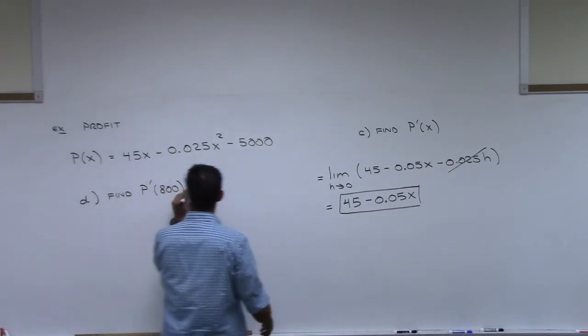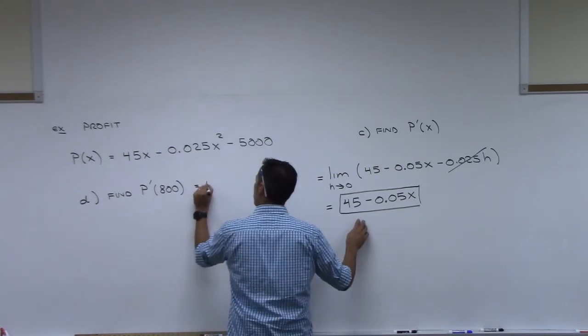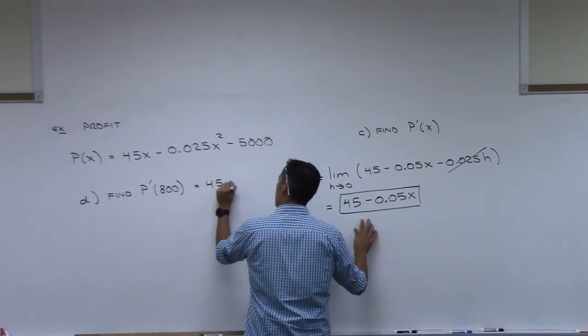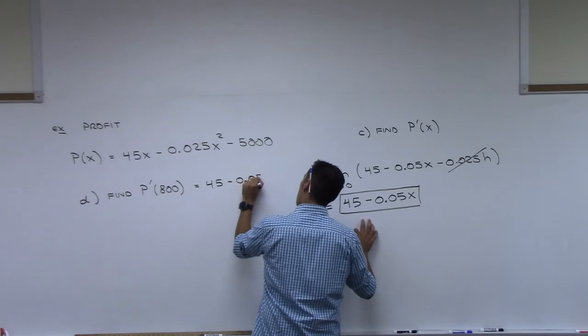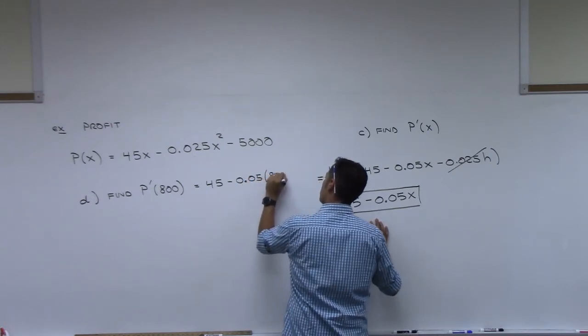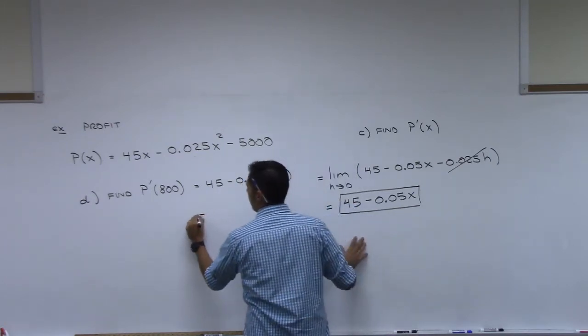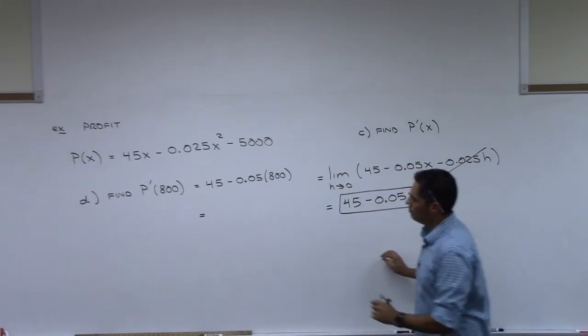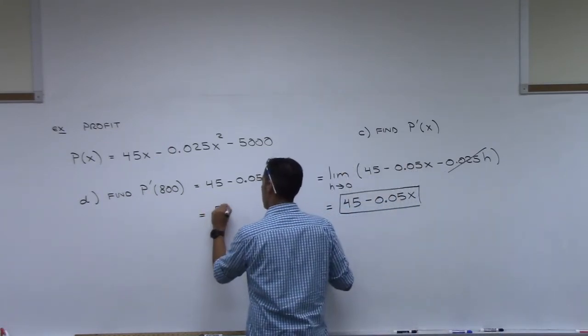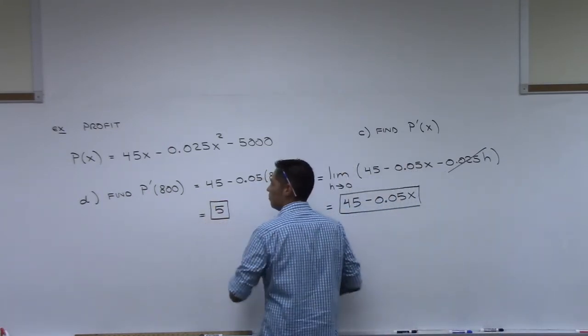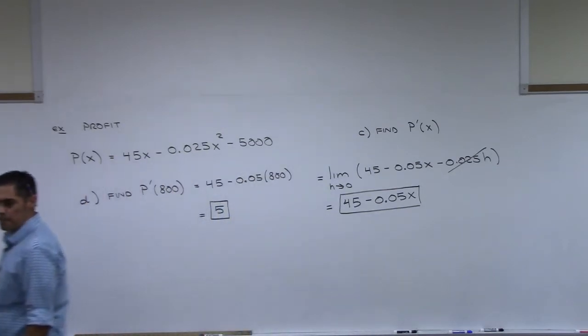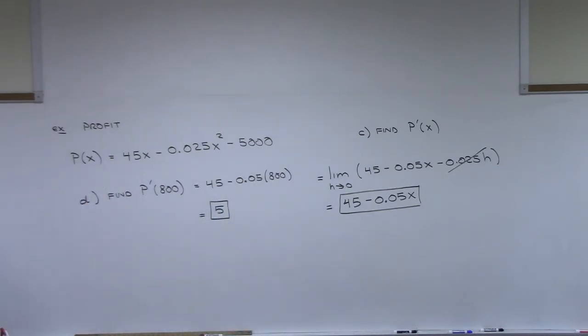You get 45 minus 0.05 times 800. And you got what? 5? Oh, all right, we got 5. Well, I'm being told we got 5. Do you all agree? It's 5?